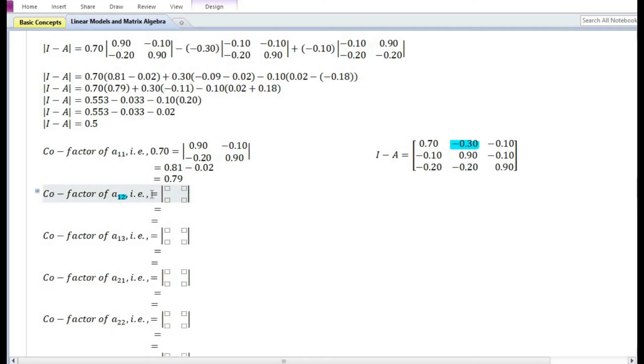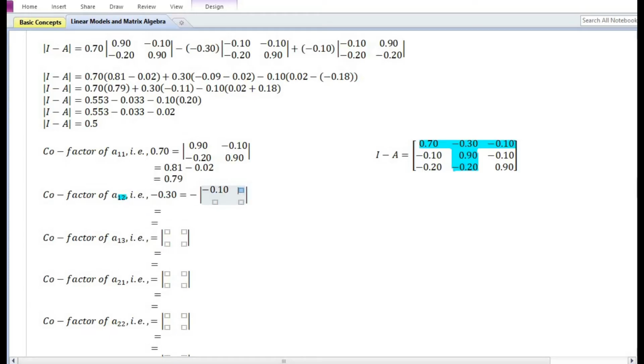Next, cofactor of A12, that is minus 0.30. 1 plus 2 equals 3. 3 is an odd number, so we have negative sign. Deleting the row and the column, we have minus 0.10, minus 0.10, minus 0.20, 0.90. Minus times plus equals minus. 0.10 times 0.90 equals 0.09.